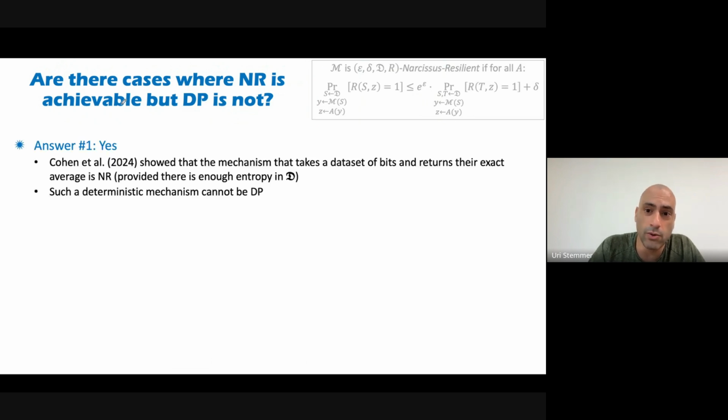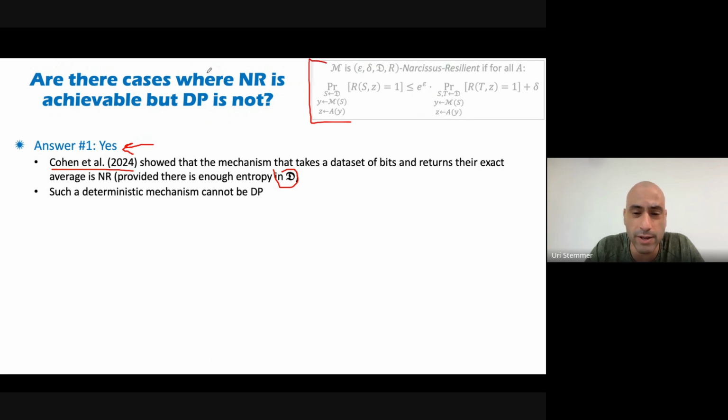Okay, so the first answer, and it's not a very interesting answer, is yes, because Cohen et al. showed that for counting bits, under some assumptions on the underlying distribution D, you could count bits deterministically while satisfying this definition of Narcissus resiliency.